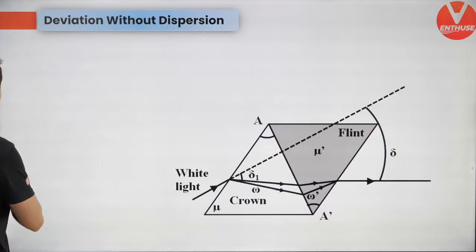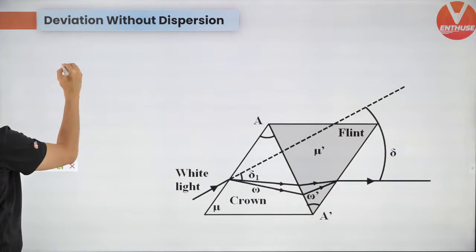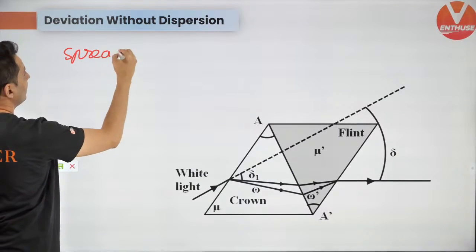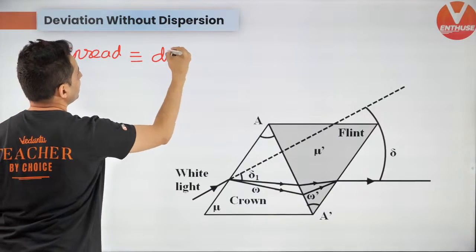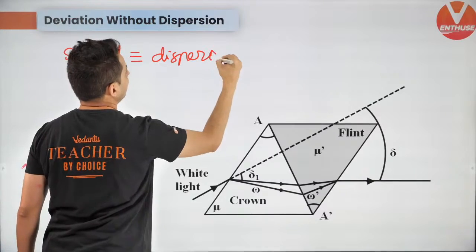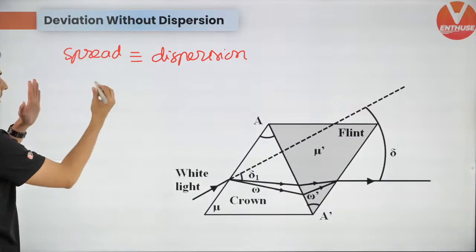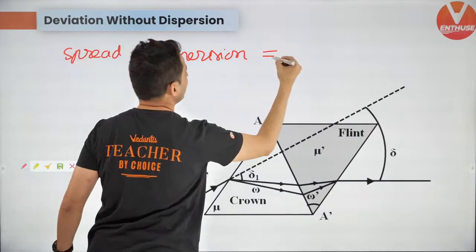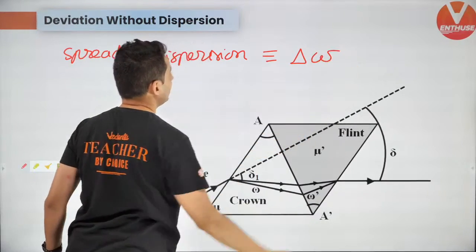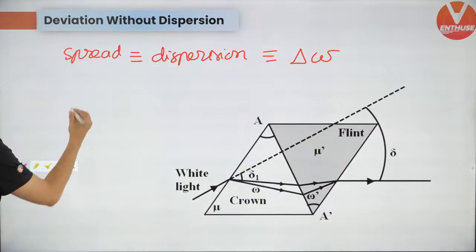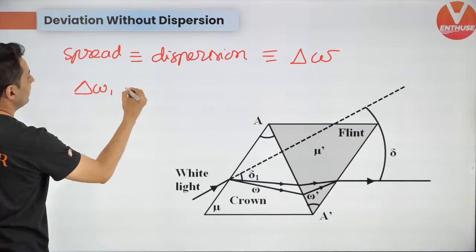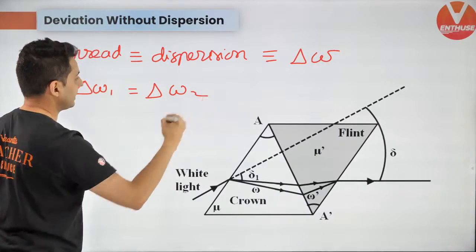Recollect, the spread or the dispersion was given by delta omega. So the spread in the first prism must equal the spread in the second prism.